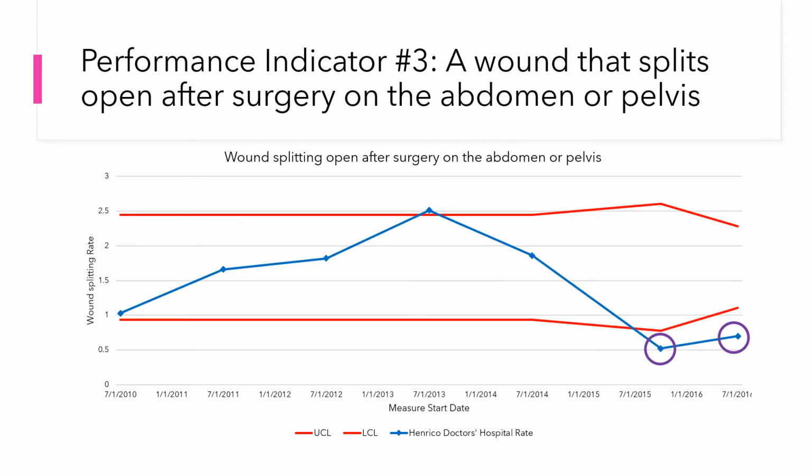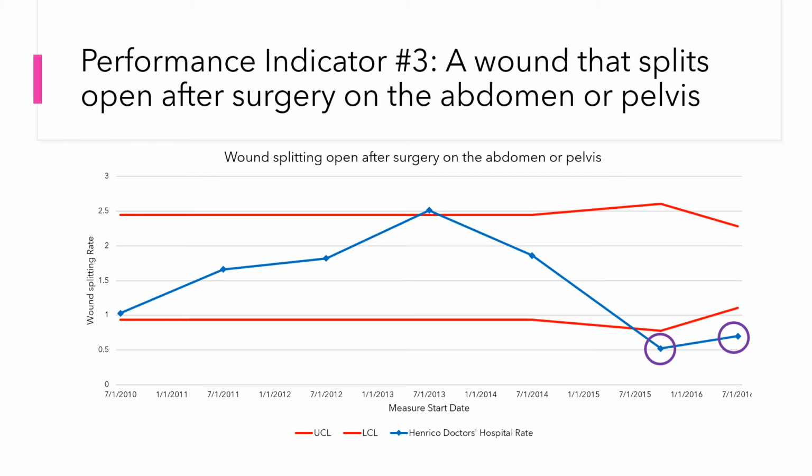The third performance indicator I used was looking at the rate that a wound that was split after surgery on the abdomen or pelvis. The x-axis is the date where the data was taken, and the y-axis corresponds with the rate of the wound that is splitting.